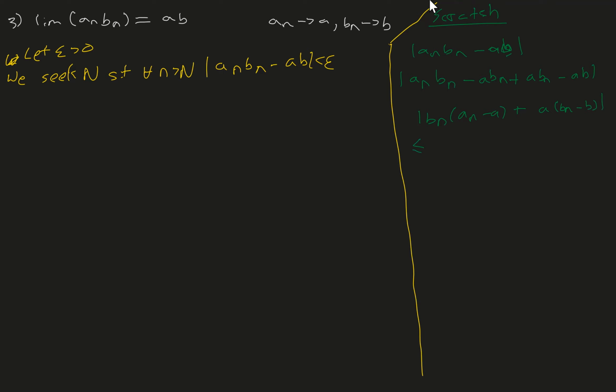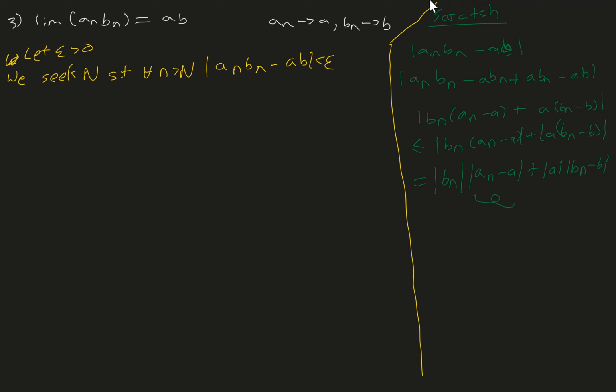And I'm going to use the triangle inequality, and we'll get that this is less than or equal to |b_n| |a_n - a| + |a| |b_n - b|. So we're sort of there.